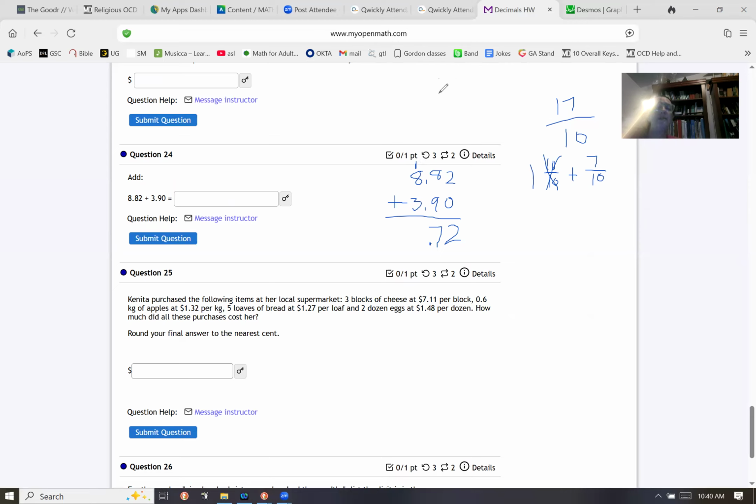So we have 12 ones. If we write that as a fraction, we have 12 over 1. This 1 in the number 12 stands for 1 set of 10. So we put a 1 in the tens place, and we keep the 2 in the ones place. Then we can bring down this 1 set of 10, and we're left with 12.72.